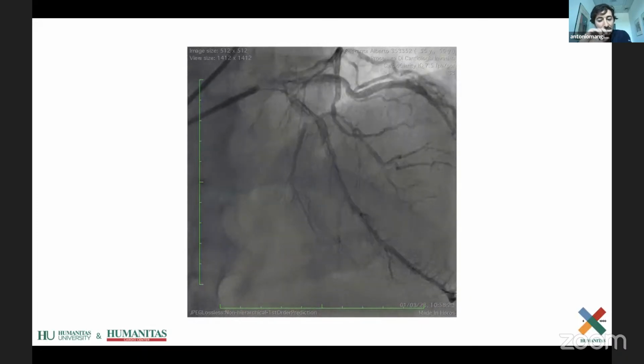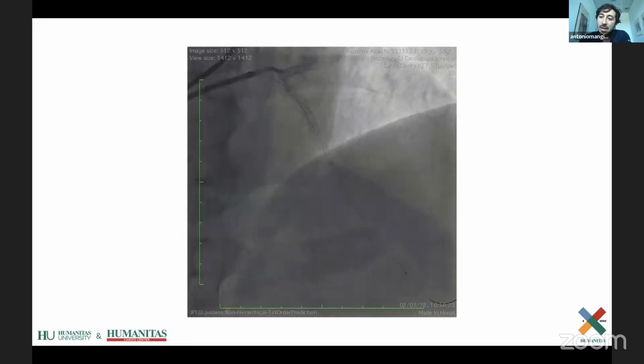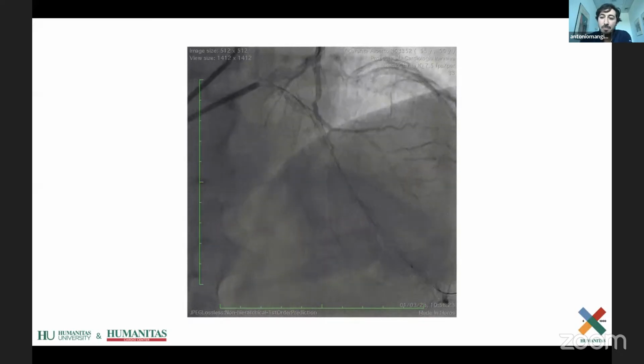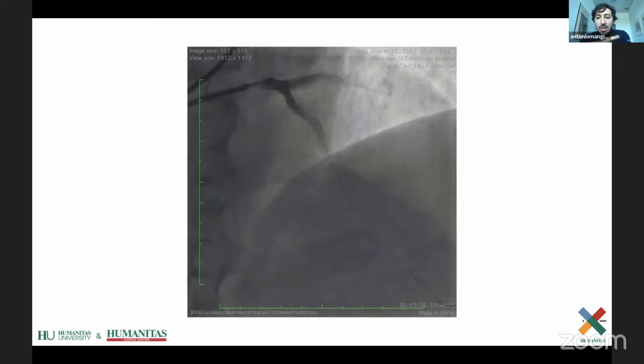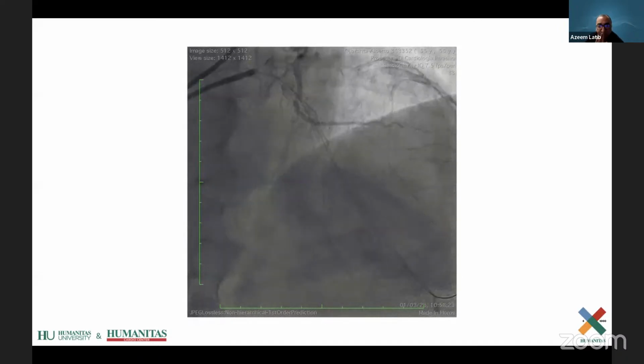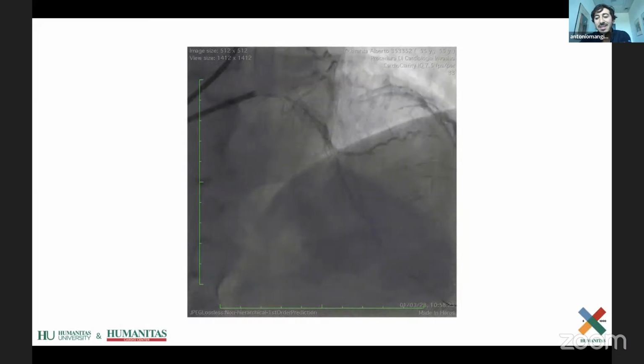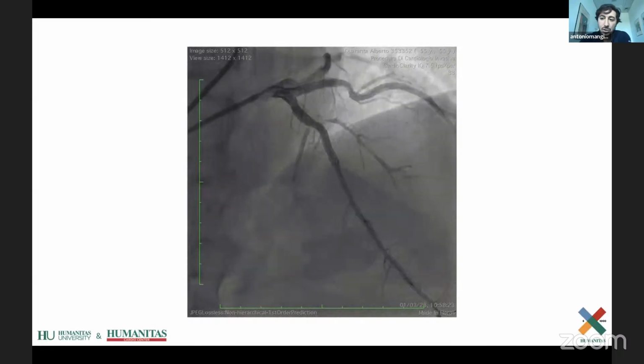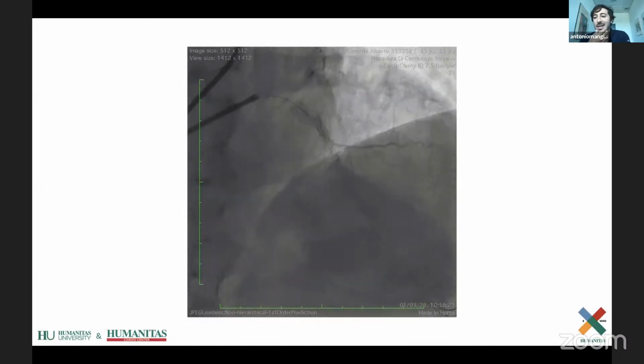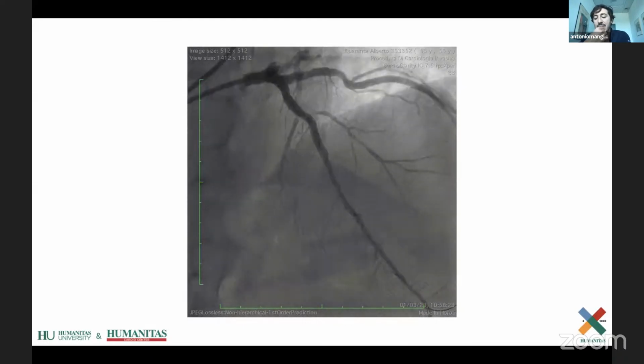There was also a bit of worsening of the blood flow across the diagonal. So I decided not to insist more and not to stop, because I think that in this case you can propagate the dissection and you can even have a worse result.